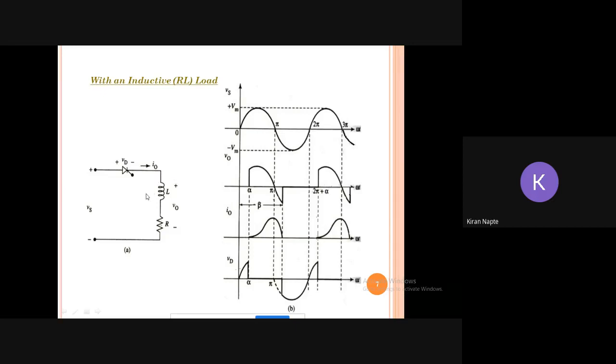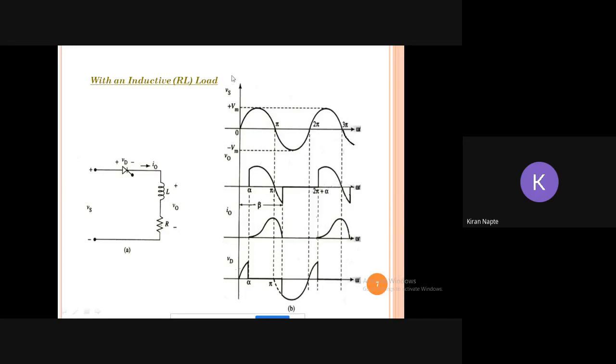The rest of the circuit components will be the same as the previous circuit, the single phase half wave controlled rectifier with resistive load. Again we apply an AC voltage like 230 volt, 50 hertz. And this is the graphical representation to understand the working of this half wave controlled rectifier circuit with inductive load.